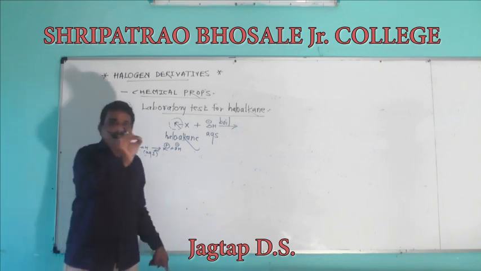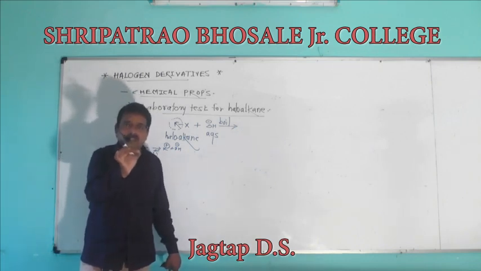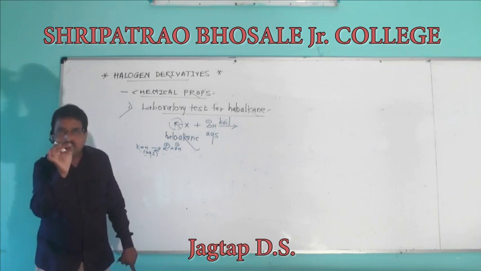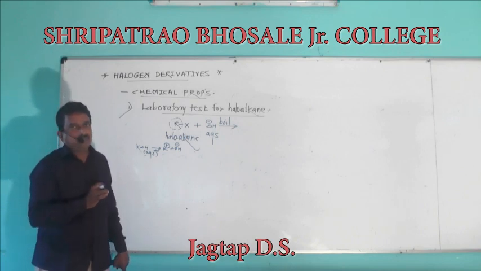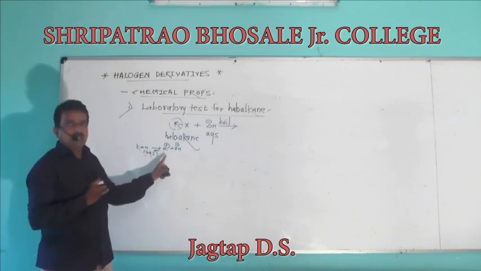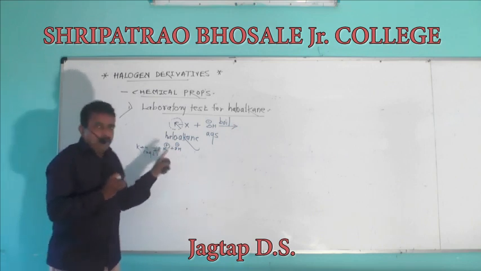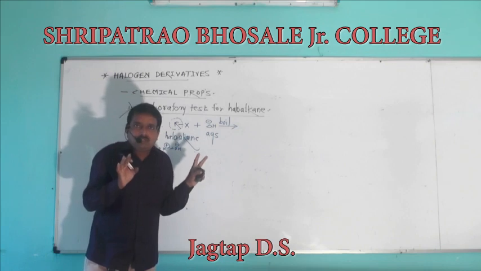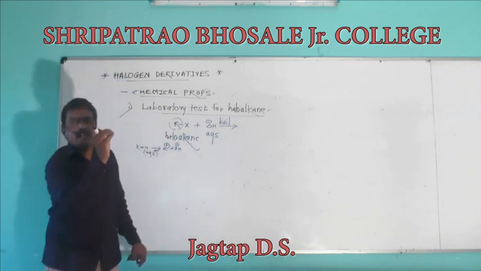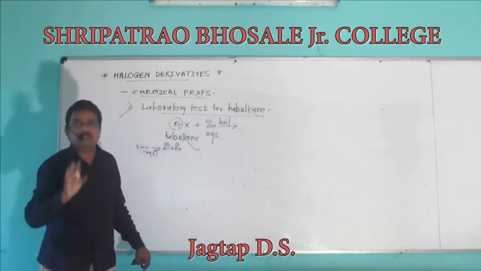OH minus ion is a strong nucleophile. K plus, the potassium ion, is an electrophile. Nucleophiles are attracted towards an electron deficient center.